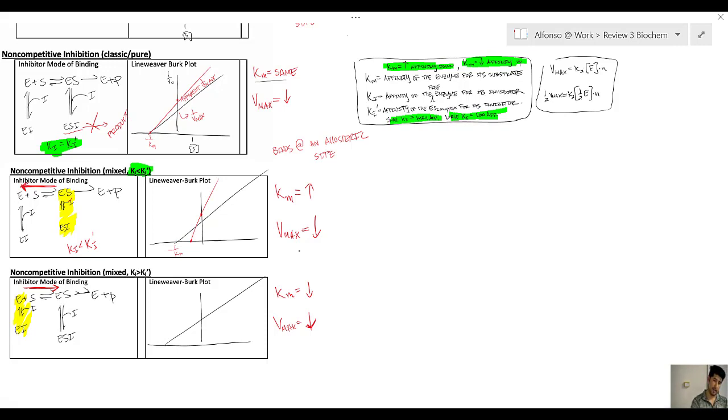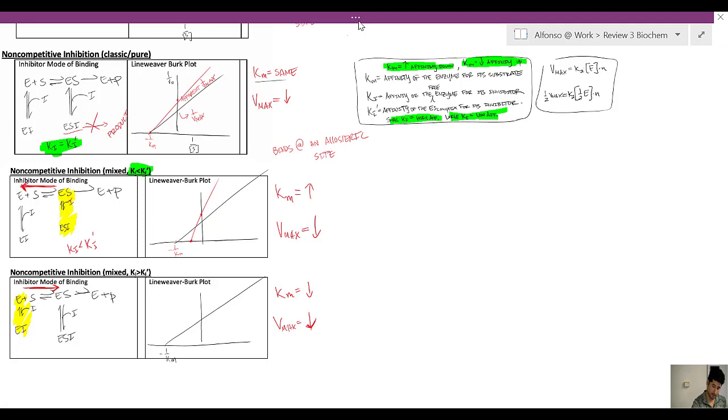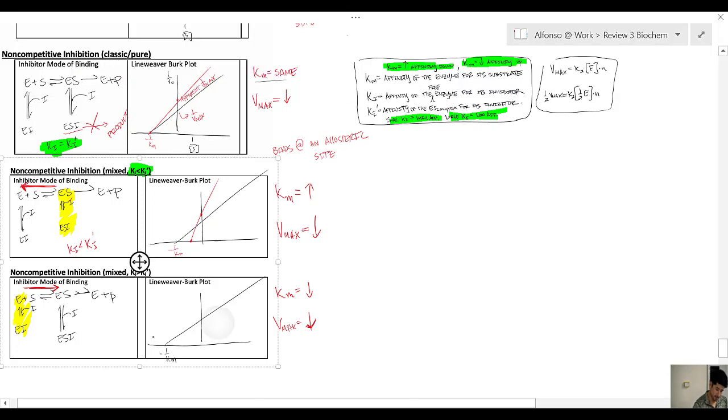And if we introduce a non-competitive inhibitor that has a Ki prime less than Ki, that means that the enzyme substrate complex is binding to the inhibitor, which means that the Km is going down, which means that the reciprocal -1/Km is going to increase, which means that it's going to shift to the left. Okay, and so Vmax is going down, so therefore the reciprocal is going to increase, and it'll increase like that. So this is what the graph will look like then.